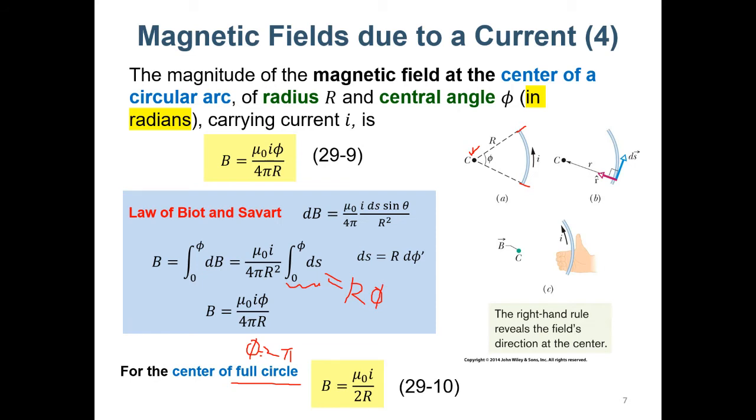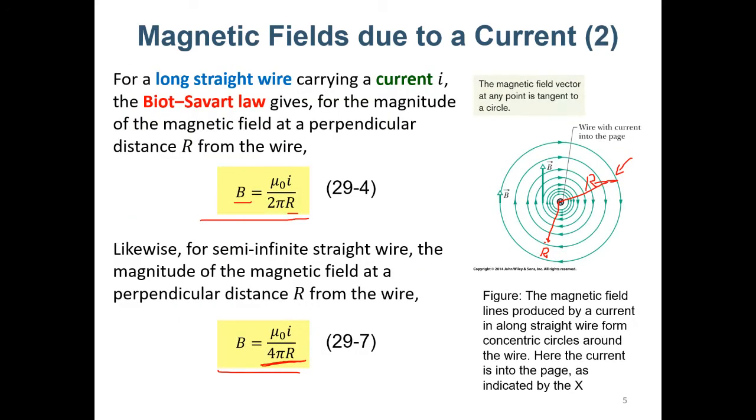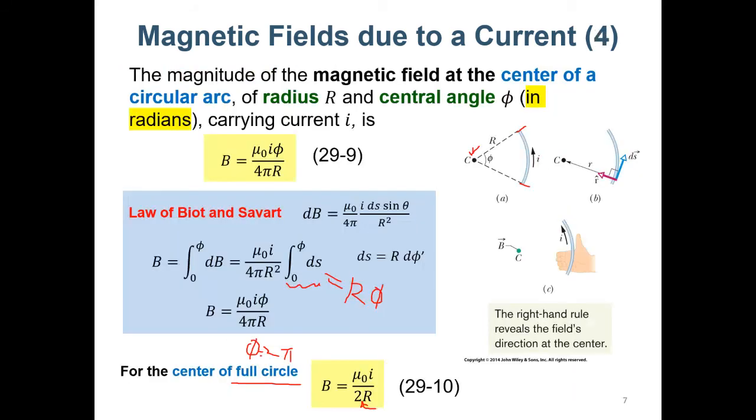So careful that we don't have a pi here. For the straight wire, we have 2 pi r at the denominator. For a circle loop, we don't have a pi here.